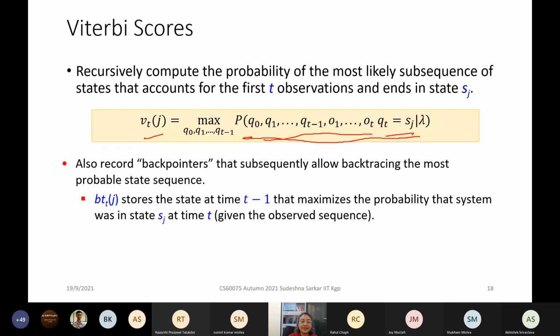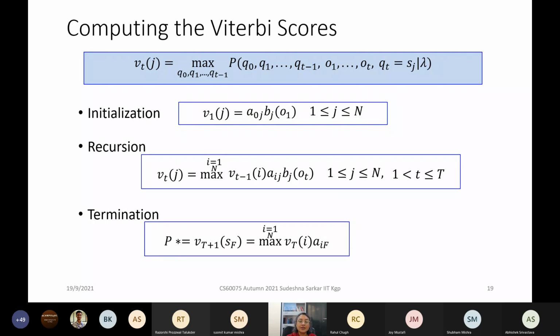And we find this using the dynamic programming algorithm by the max that I talked about already. And along that, from that state where we found the max, we also record the back pointer. So for every cell, we also store the previous state from which we obtained this maximum probability. So this summarizes the computation that we perform.